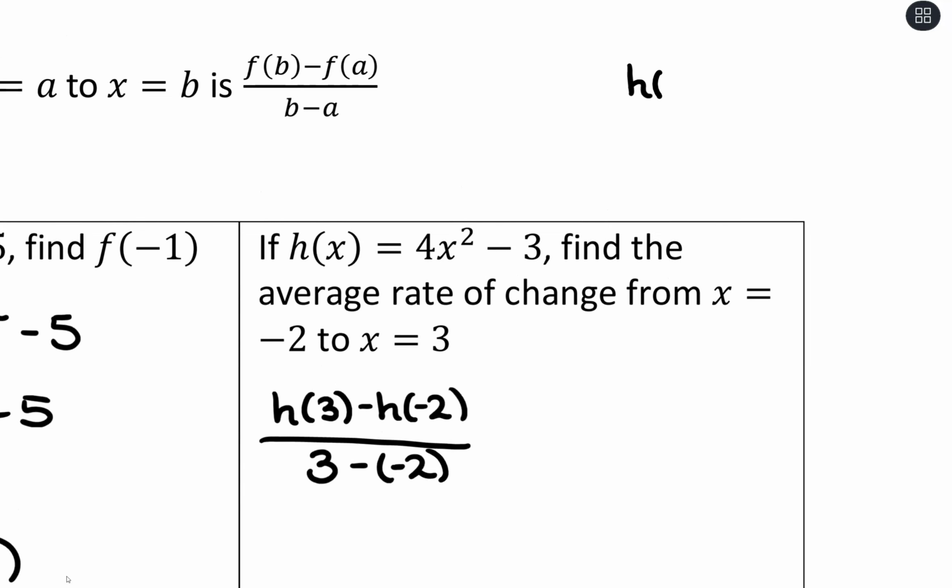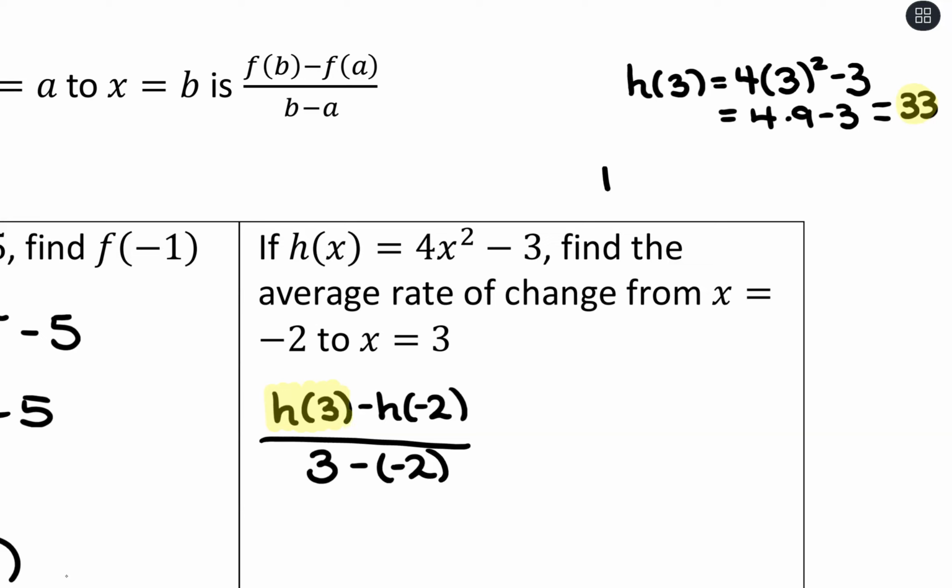So let's say off to the side, I wanted to find h of 3. So I'm taking 4 times x squared minus 3, but now my input is a positive 3. So that's a 4 times 9 minus 3, so 36 minus 3 is a 33. So what we can do is take that value we just found, that 33, and replace it where we had h of 3.